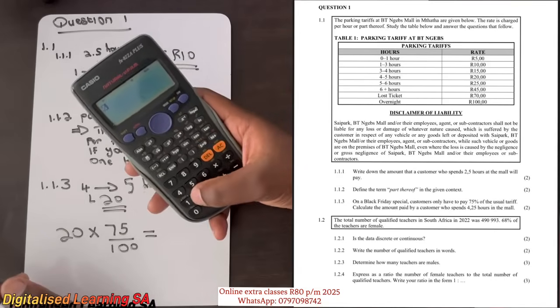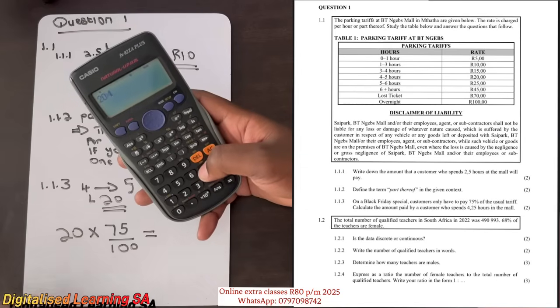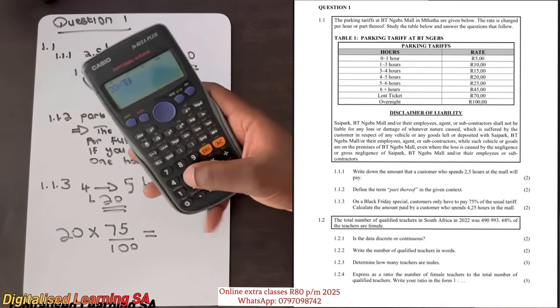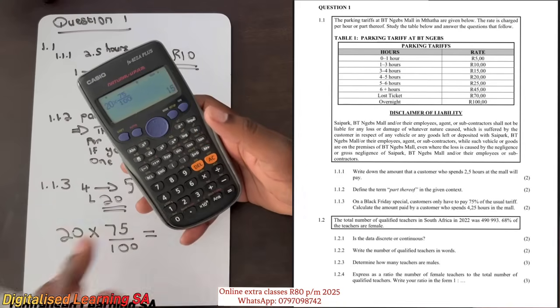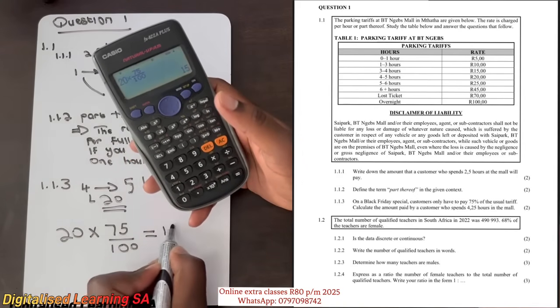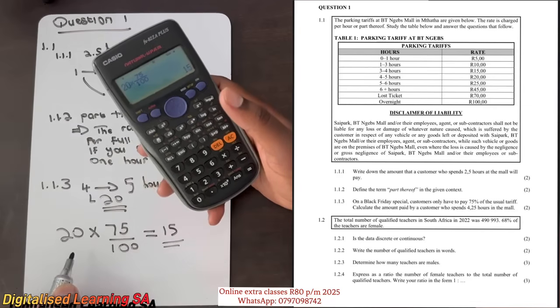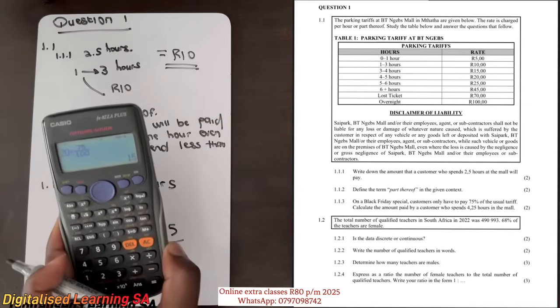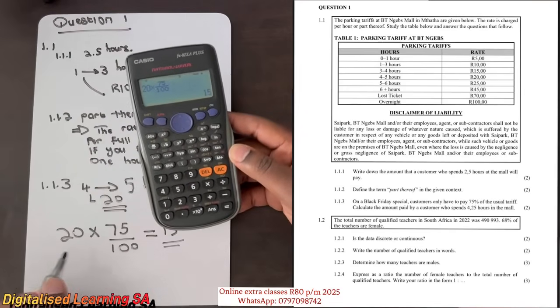If we plug that into our calculator, it's 20 multiplied by 75 divided by 100, and our answer will be 15, meaning that a customer who spends 4.25 hours at the mall on a Black Friday will only pay 15 rand.